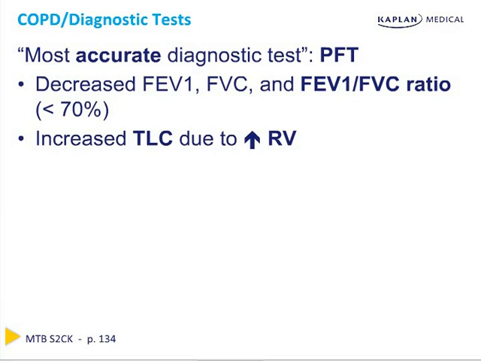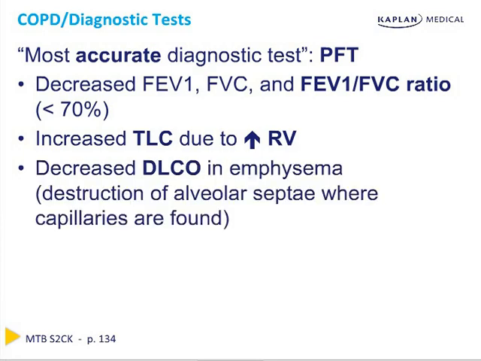In addition, you'll see an increase in the total lung capacity. As we already mentioned, these patients are going to have a large degree of airflow obstruction, and because they're unable to expire the full amount of air over time, they start to develop an increase in their residual volume. With an increase in the residual volume, you're going to see an increase in the total lung capacity.